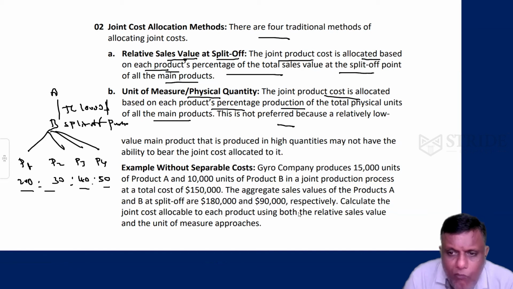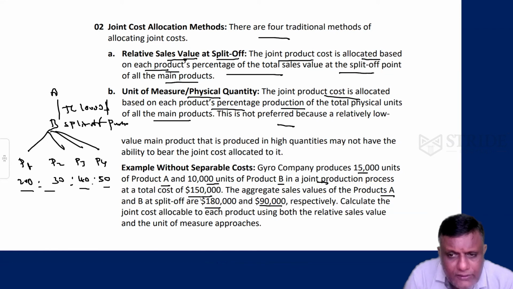Suppose, for example, this company produces 15,000 units of product A and 10,000 units of product B in a joint production process. The total cost is 150,000. If product A is sold at the split off point, it can be sold for $180,000, and product B for $90,000.